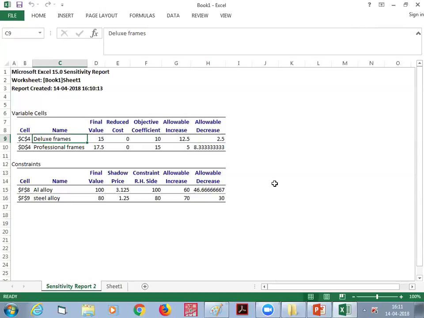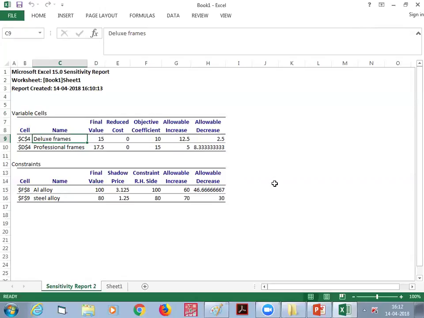Similarly, as long as professional frames are within 15 minus 8.3, which is 6.666, and 20, and as long as deluxe frames again do not change in profitability, again this solution remains optimal.